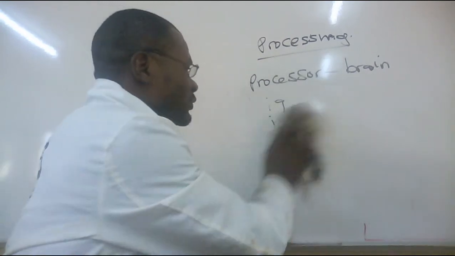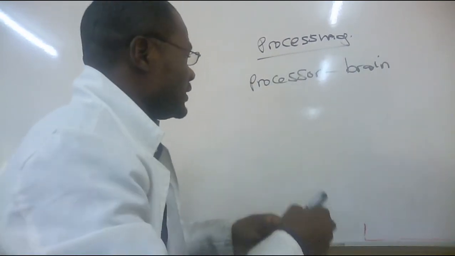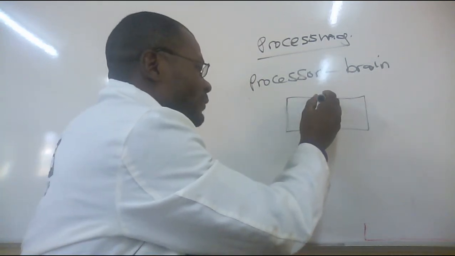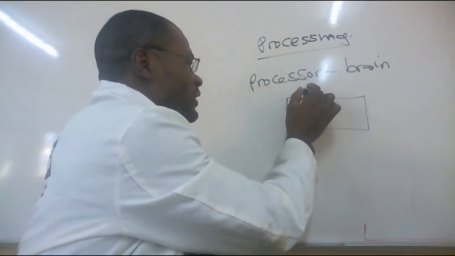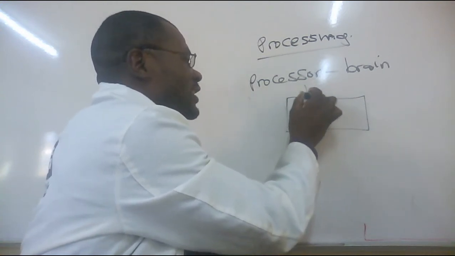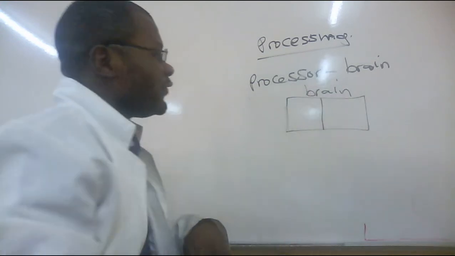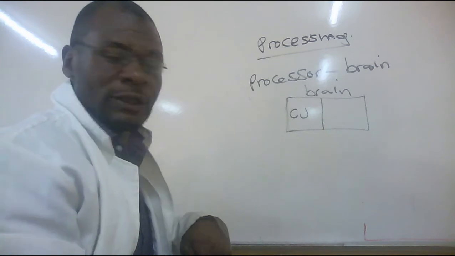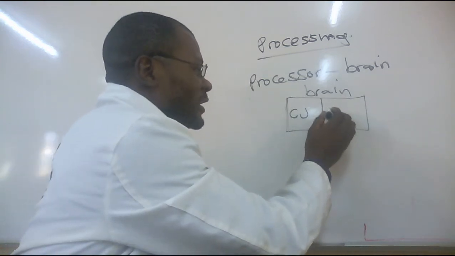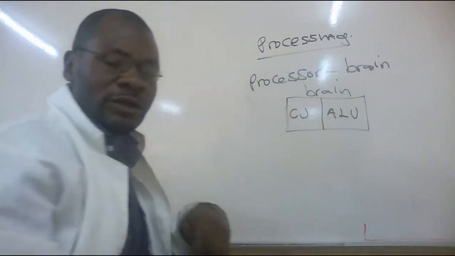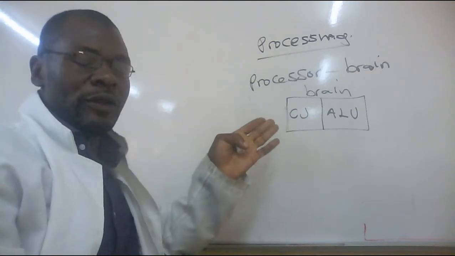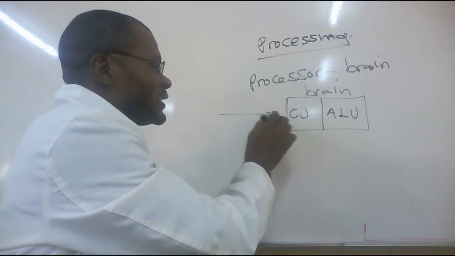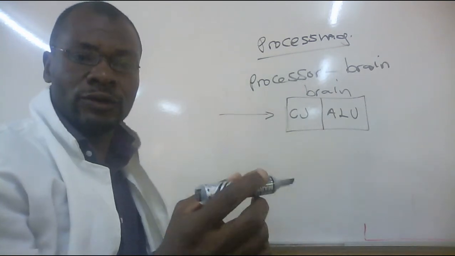So this processor we're trying to talk about is divided into two compartments. Let's say this is the processor or microprocessor. I would just say the brain, to reinforce learning. One side we call it the control unit, and the other side we call it the arithmetic logic unit. So the way the processor works, any data coming from input going to the computer system is supposed to go to the control unit.